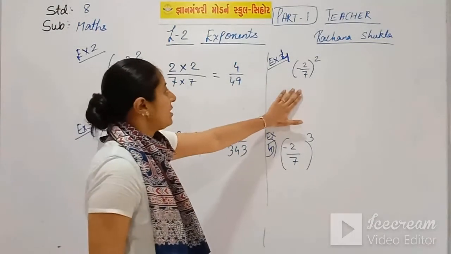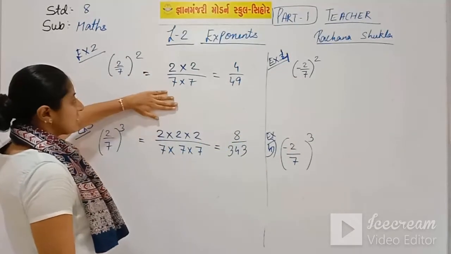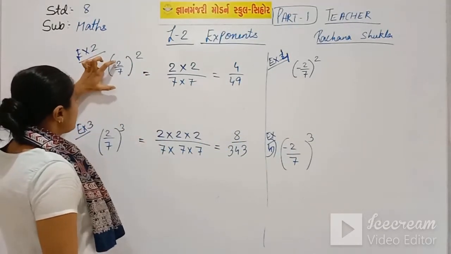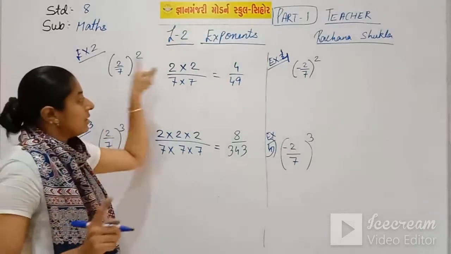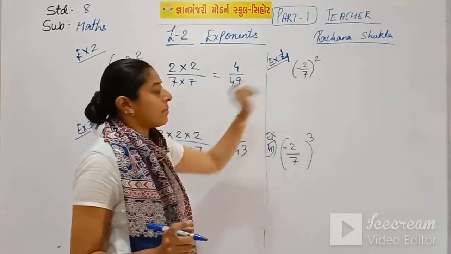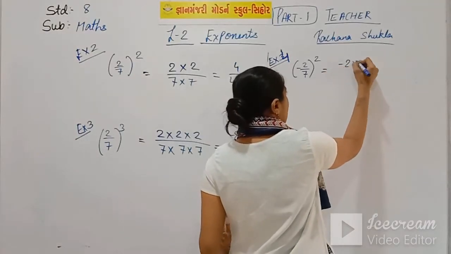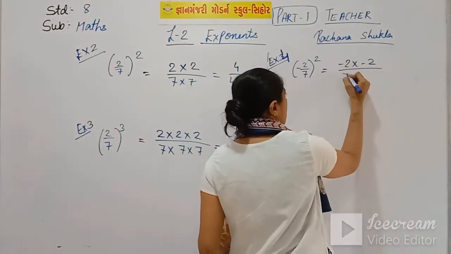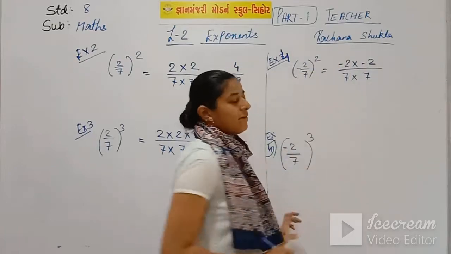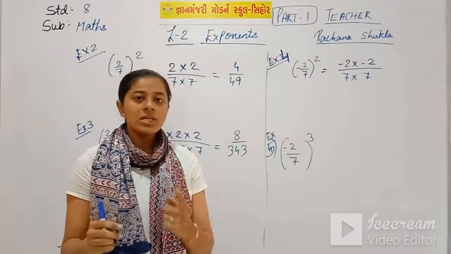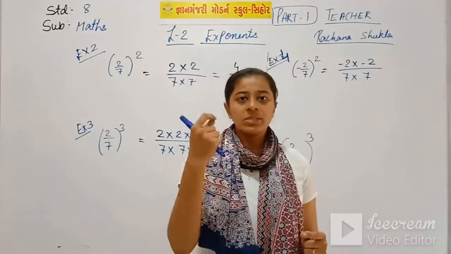Now this one. See, the difference between this question is here it is 2 upon 7 and here it is minus 2 upon 7. So, negative sign here: minus 2 into minus 2 upon 7 into 7. Your question is only the difference of one negative sign.